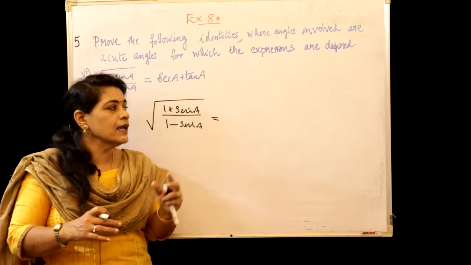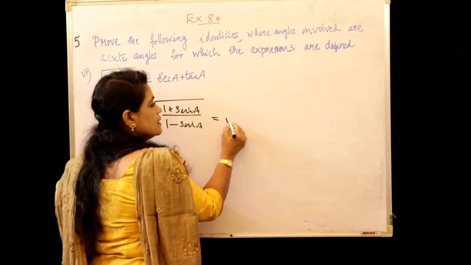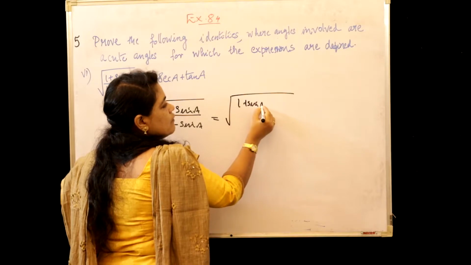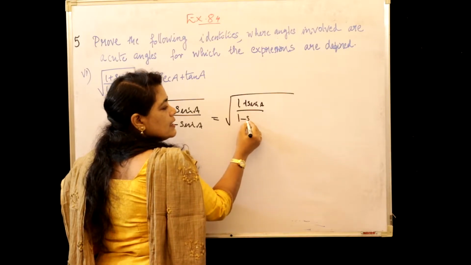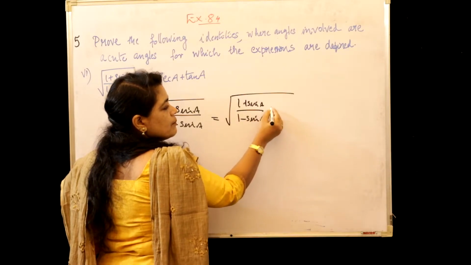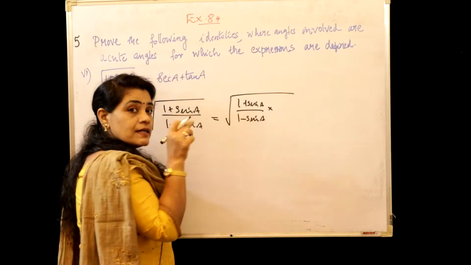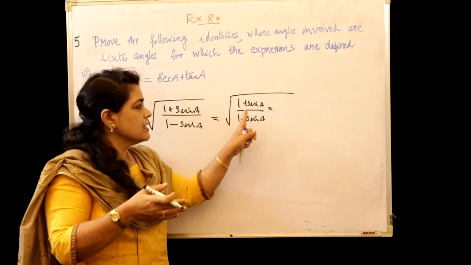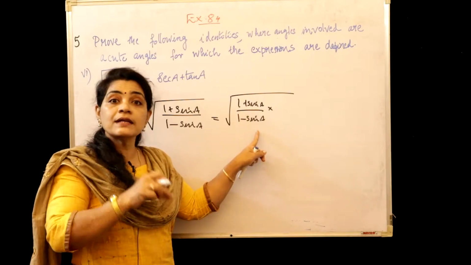Since 1 minus sin a is there, multiply both the numerator and denominator with 1 plus sin a.